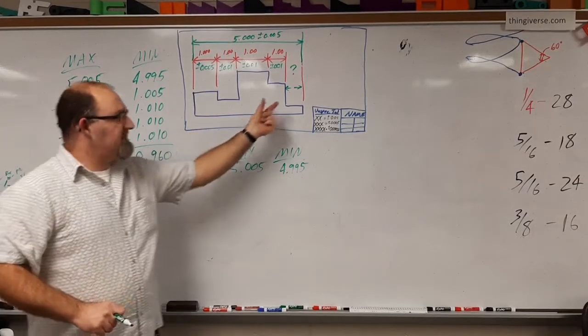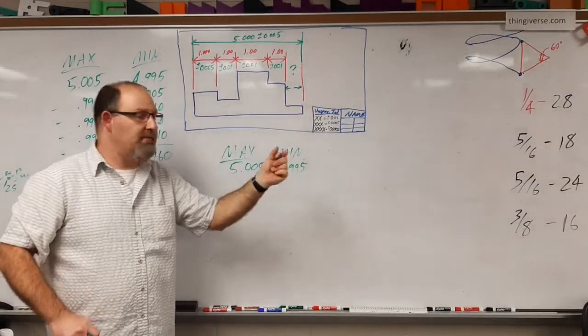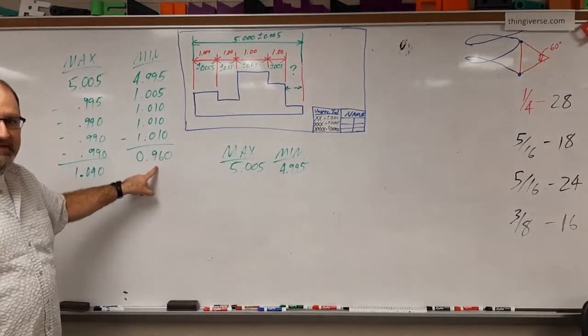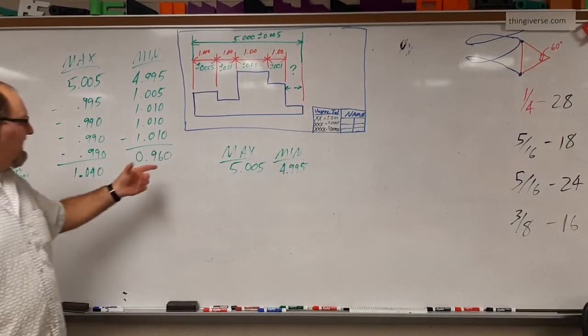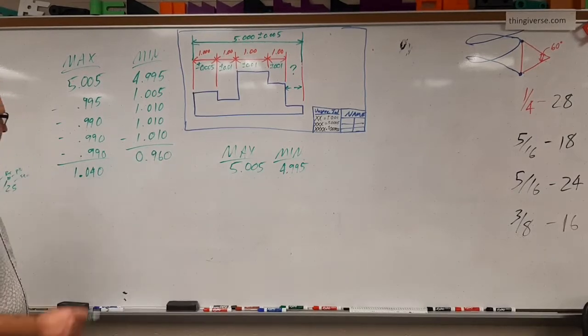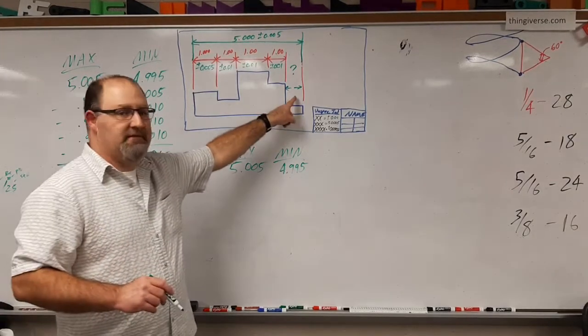So this runout area is as small as it can be at 0.960. It's as big as it can be at 1.04. And that allows us to calculate this tolerance.